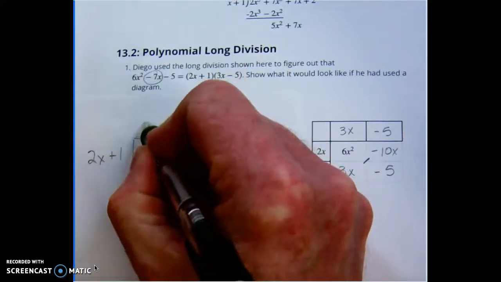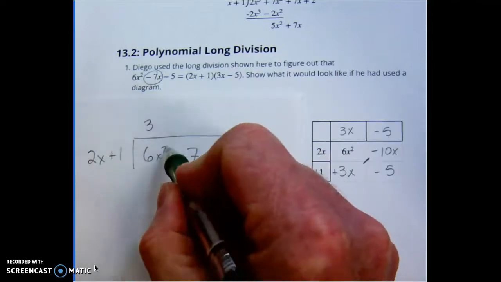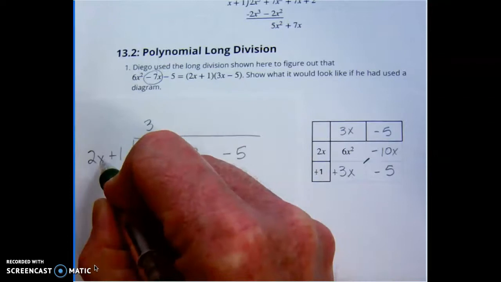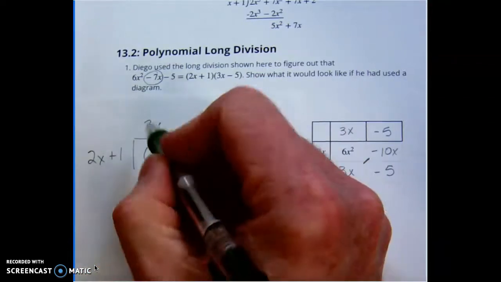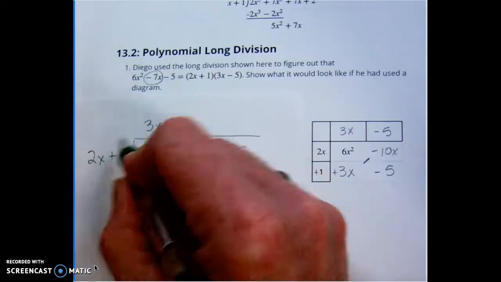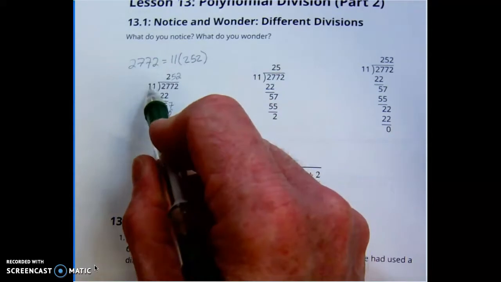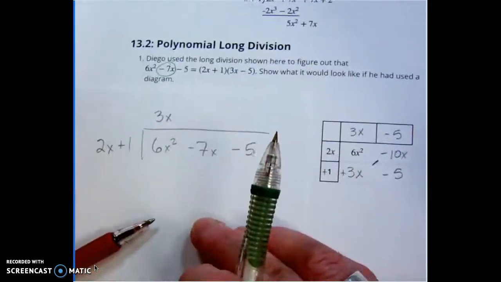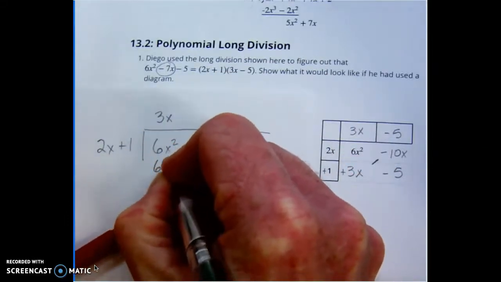Well, 2 times 3 gives us 6. Now, I want x squared. I want 2 x's. I only have 1, so I need to multiply it by another one. So now I'm going to multiply 3x times 2x, just like up here, we did 2 times 11 to get the 22. It's the same thing. So 3x times 2x is 6x squared.